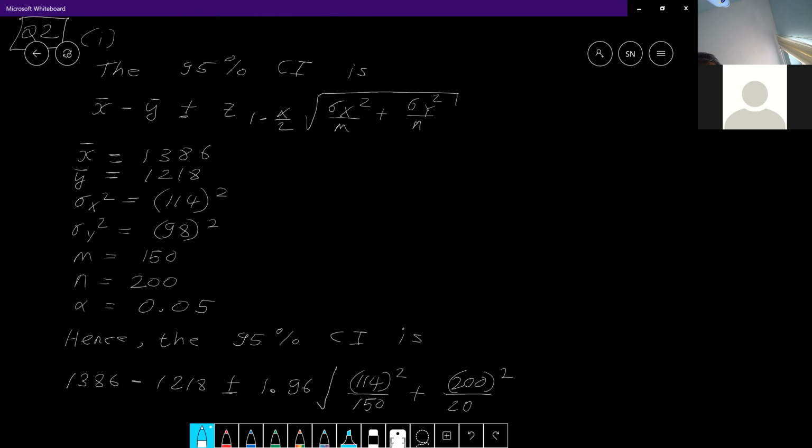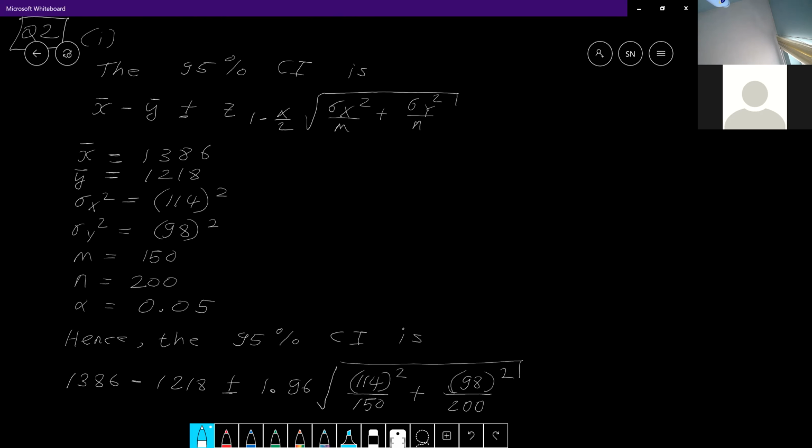Sorry, 98 squared, I'm sorry. This should be 98, not 200. 98 squared divided by 200. All right, so this is the 95% confidence interval for the difference in the population means.